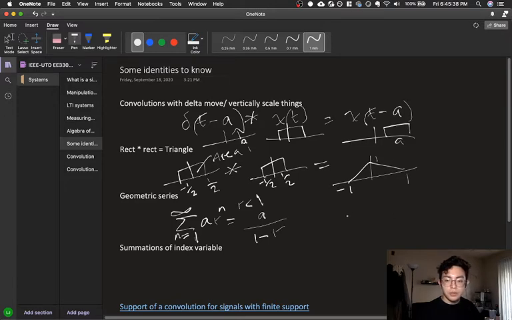And we also know the value of the geometric series when we take the sum up to a finite number. So if we say the sum from 1 to big N of a r to the n, that's just going to be a times 1 minus r to the n over 1 minus r.